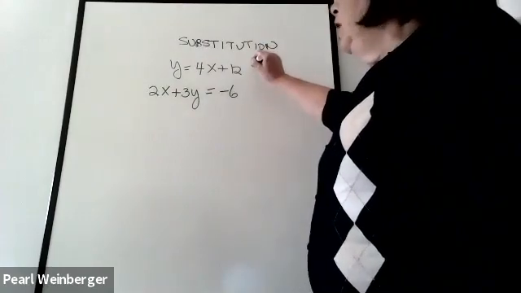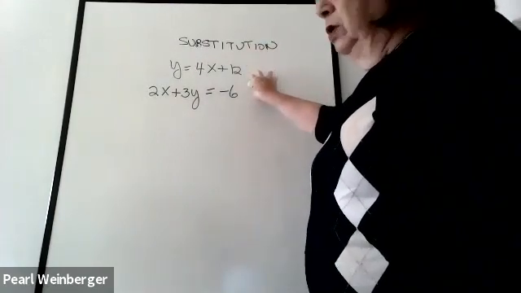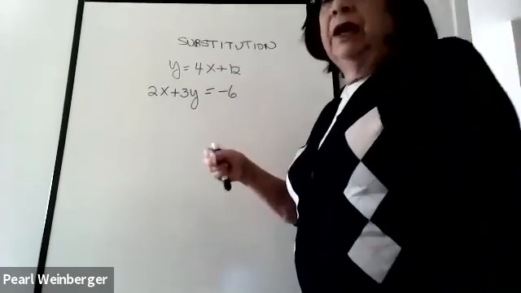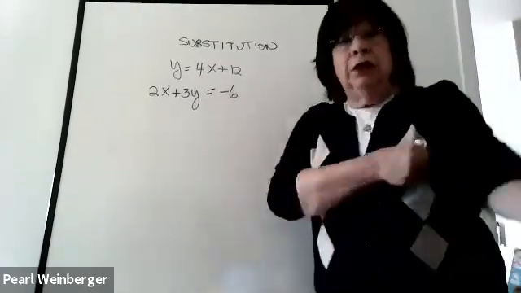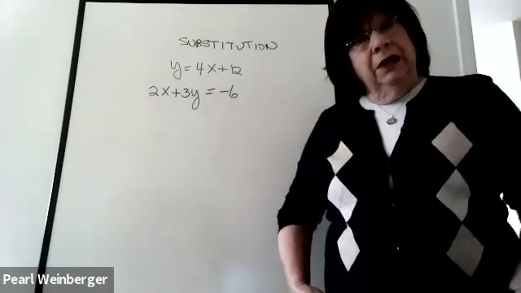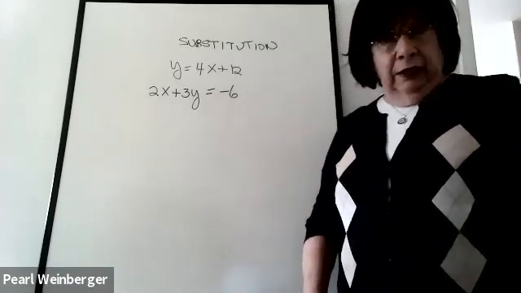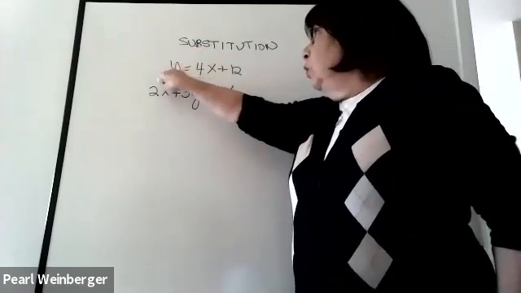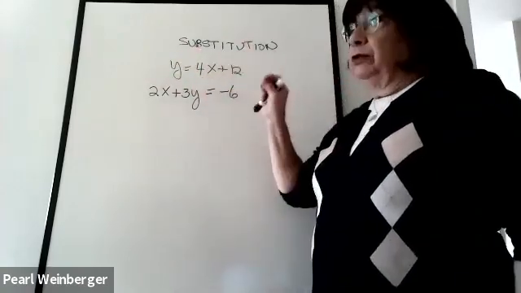Okay, so I'm going to show you how to do it using the substitution method. And then I'll go back and show you that if you don't like the substitution method, you really could have used the elimination method on this one as well. If you notice, my first equation says y equals something in terms of x.